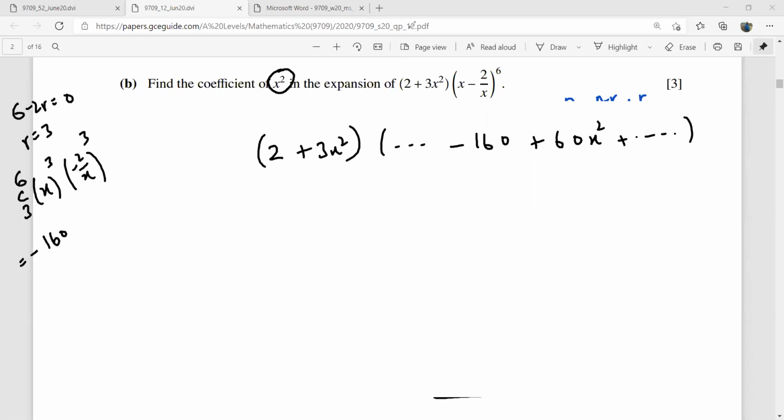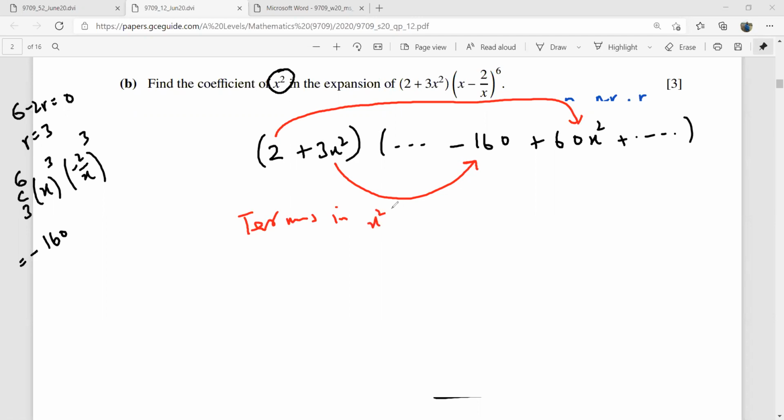Now this will be more clear to you that this into this will give you a term in x squared, and this into this will give you another term in x squared. So the terms in x squared are 120x squared and minus 480x squared. So that is minus 360x squared.